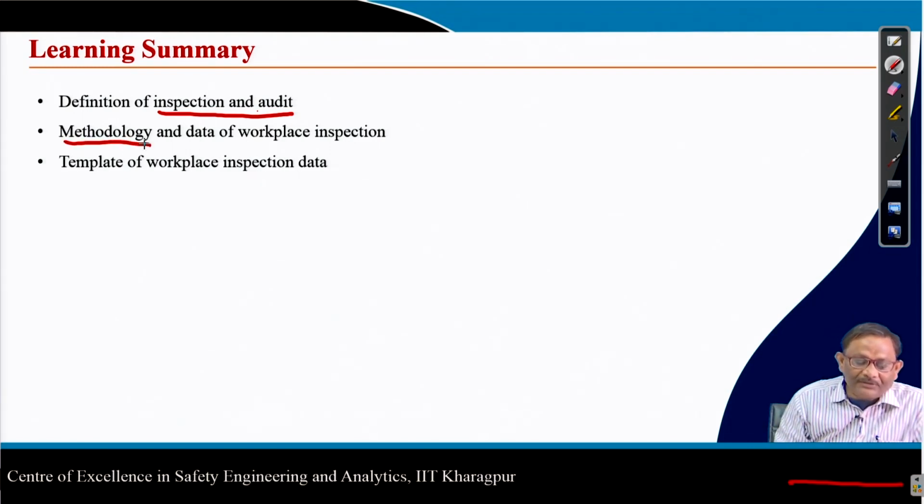We have discussed the methodology, meaning how the inspection should be carried out, what the different steps of inspection are, what kind of decisions someone has to take, who the stakeholders are for each task, and how communication from one stakeholder to another will be made with certain feedback loops.